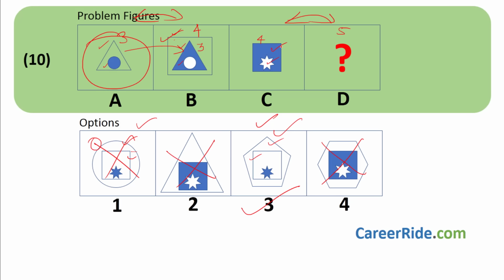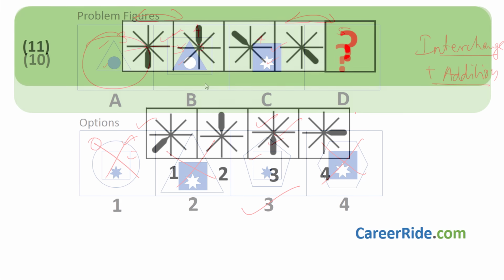Same way over here, this square would be enclosed in a 5-sided figure, that is a pentagon. Okay, so this is the answer. This is an example of interchange plus addition. We'll see what exactly addition is later on, but this is for your information. Okay, moving to the next question.